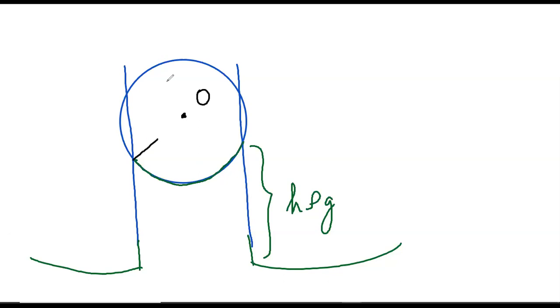If I draw a line like this, this becomes capital R, which is the radius of curvature of the meniscus. Now, let me draw a tangent to the meniscus at the point of contact between the surface of the glass and the liquid. This becomes the tangent at the point of contact.